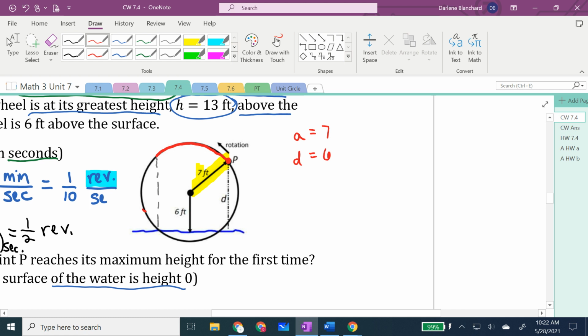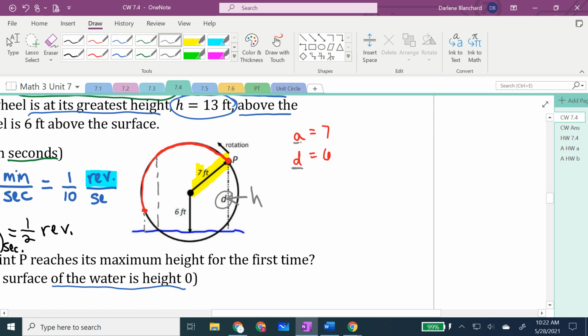When my point has moved all the way to this position, that distance is this. Now, I'm just realizing right now that I have the letter D for distance, where this was representing just my vertical shift in the graph. And so I should probably make a different letter for this, maybe H for height above the ground.